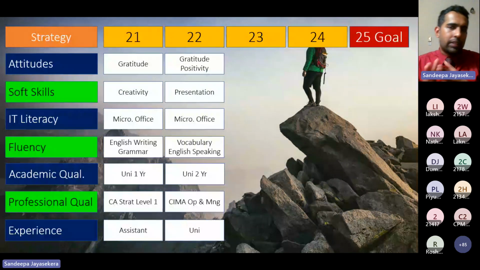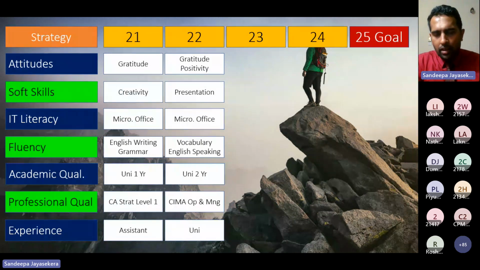Then in the second year, I was improving positivity. I wanted to see the positive things. I was always keeping a positive vibe, right? I improved my vocabulary, and I started the management accountancy qualifications as well, while I was in the university.